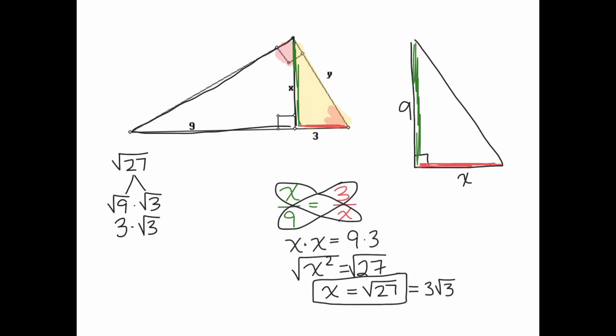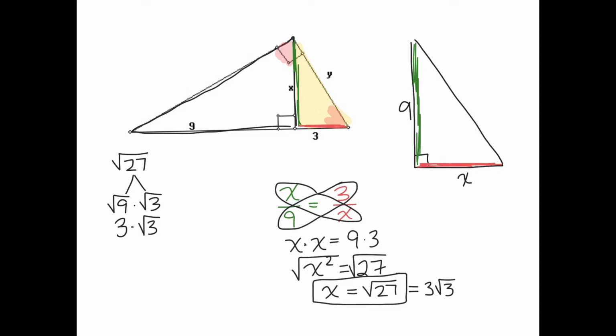Now let's solve for y. So there's a couple ways that we could solve for y, and one of the ways that we could do that, I'm thinking if we could draw that with our original triangle. But actually, let me just solve it with the Pythagorean theorem, because that could work too.